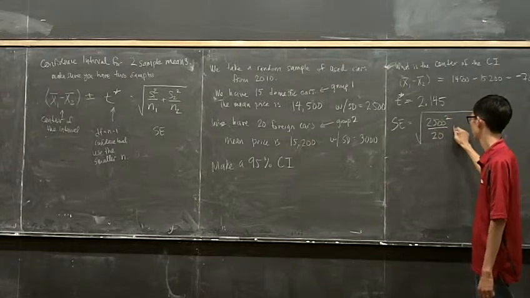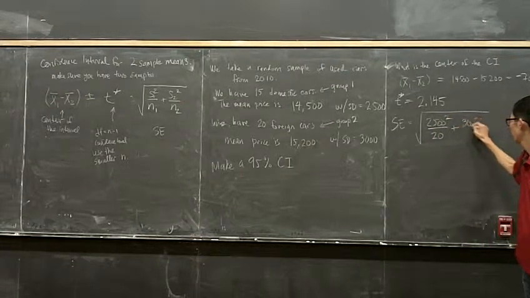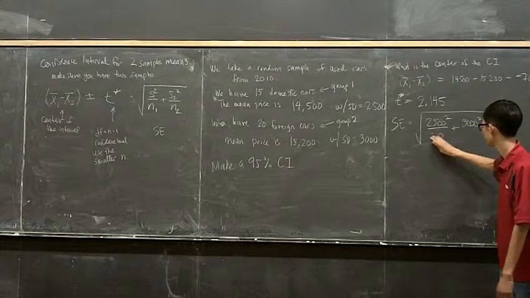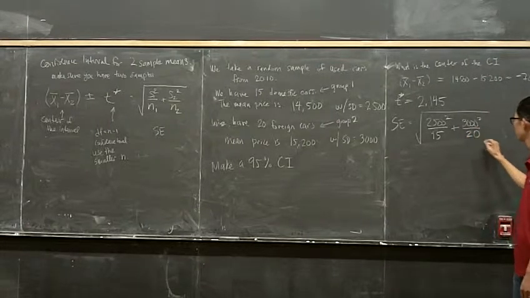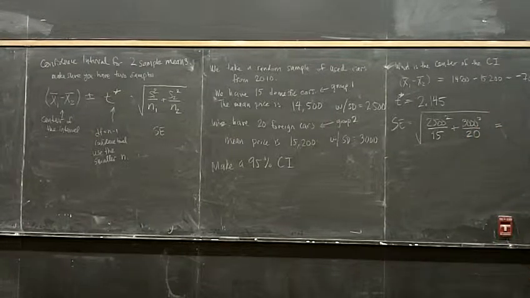Over 15, and this one's over 20. Get 930. 930.95. So basically 931.